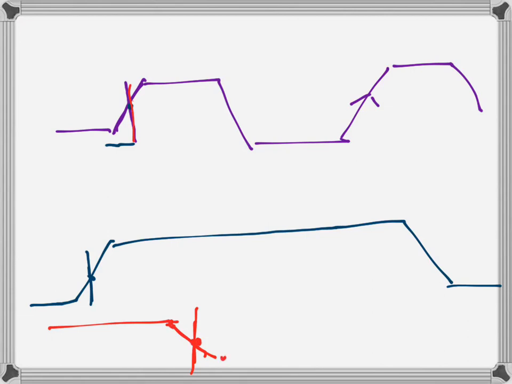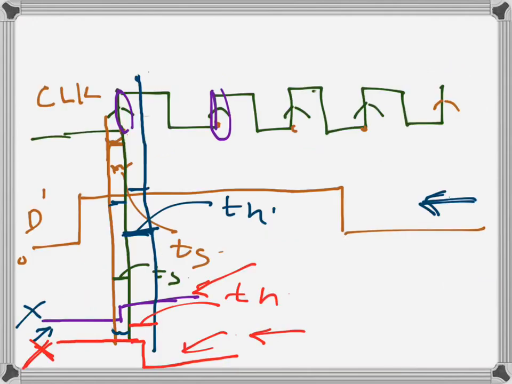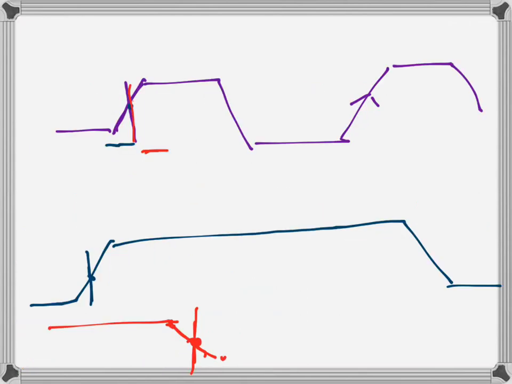Whenever it reaches 50%, if that point is more than the hold time of the clock signal, then it will be taken as a valid input. It's the same concept, only the point will be 50%, because we have to decide which point to use, so just the middle basically.